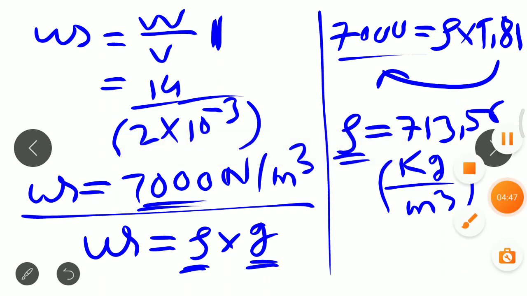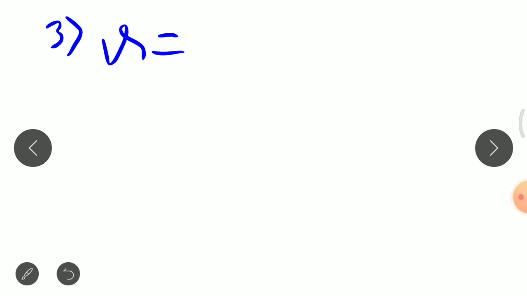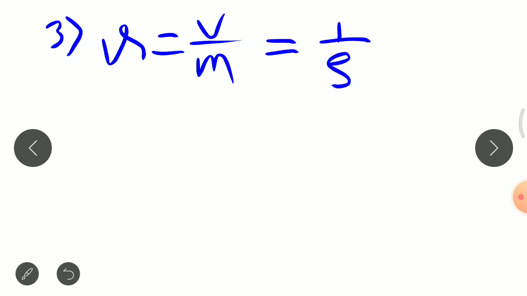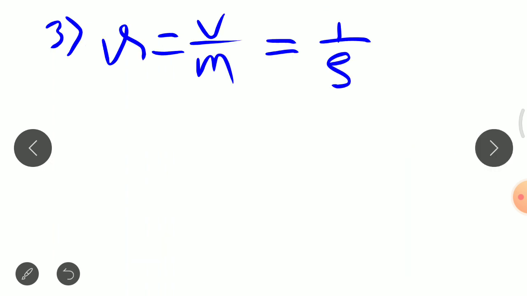Now we will see the third quantity, specific volume. We know that the formula for specific volume is volume divided by m, or we can write it as 1 upon rho also. We have determined the value of rho is equal to 713.56 kg per meter cube.